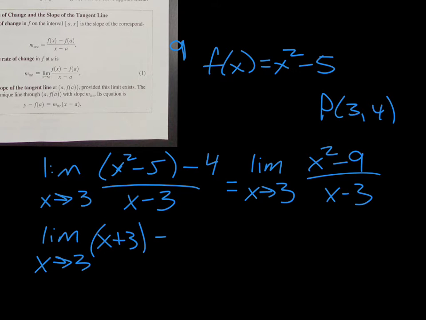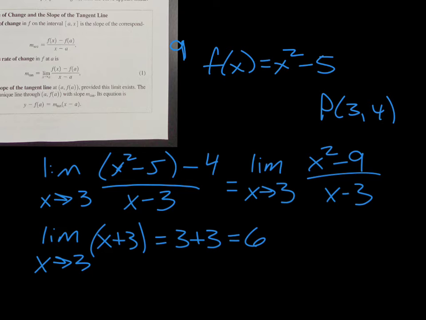And now we can just evaluate that. So at that specific point, not any other point, but at that specific point on this curve, the slope of the tangent line is 6. So far, so good?